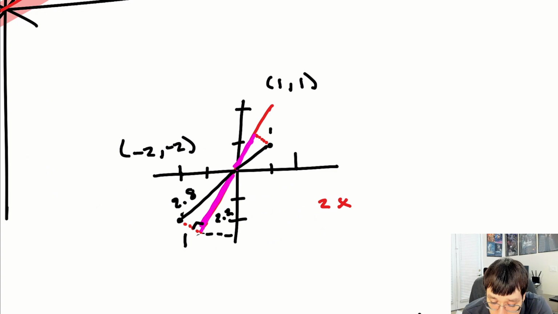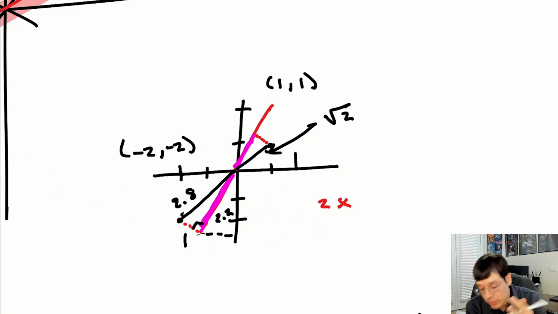I could totally use some trick to figure out the exact values of this, but like I said, I am not interested in really doing that. But this line, the black line up here, that is the square root of 2, whatever that number is, because 1 squared plus 1 squared.